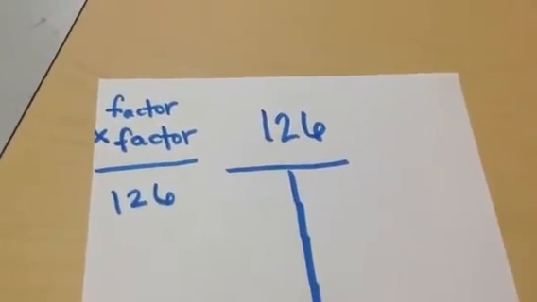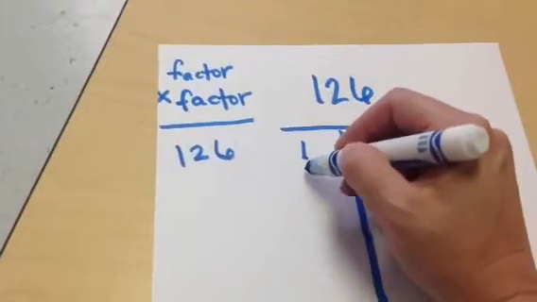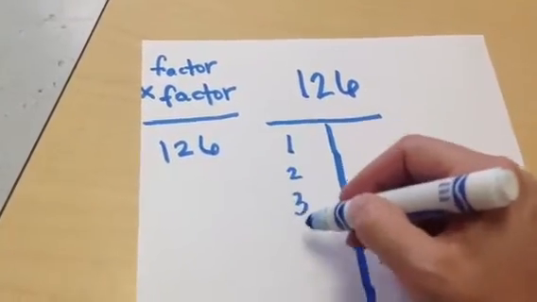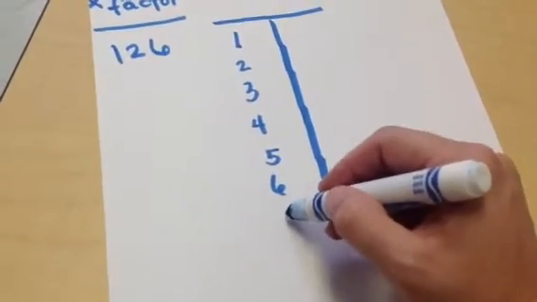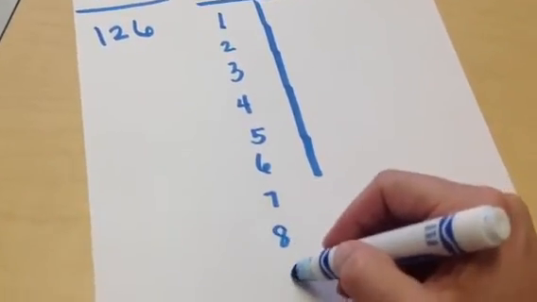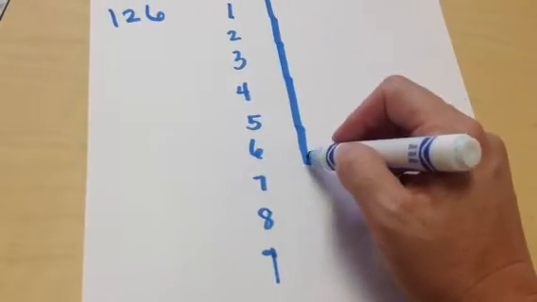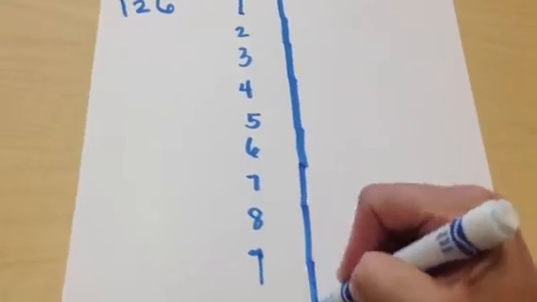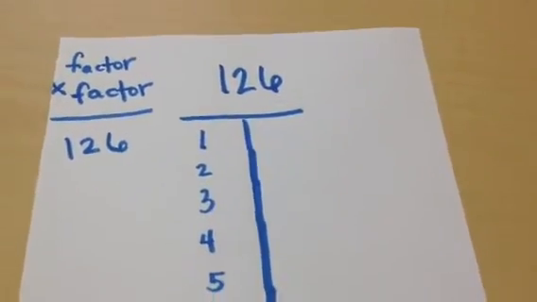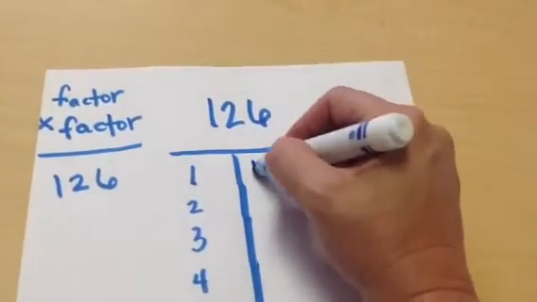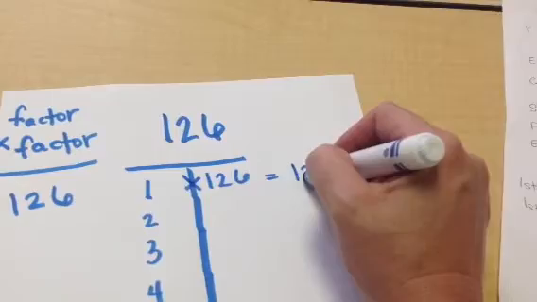I think probably the easiest thing for you to do would be to write 1, 2, 3, 4, 5, 6, 7, 8, and 9. Then I want you to go through your divisibility rules and see if they apply. So obviously, 1 times that equals 126.